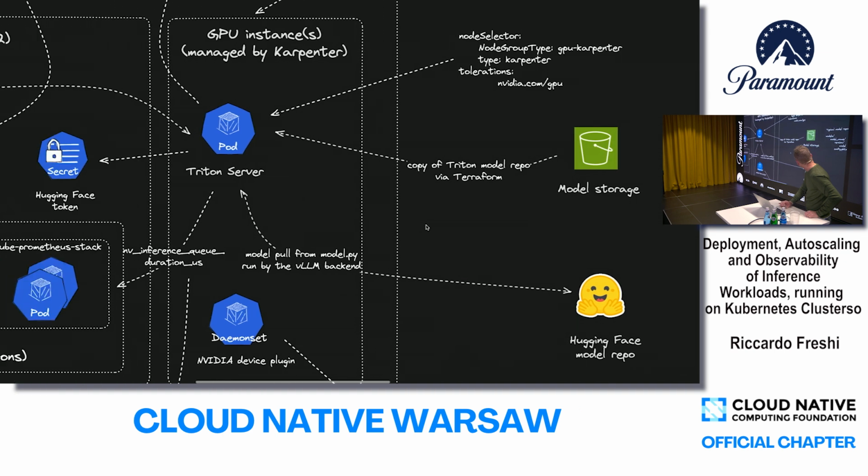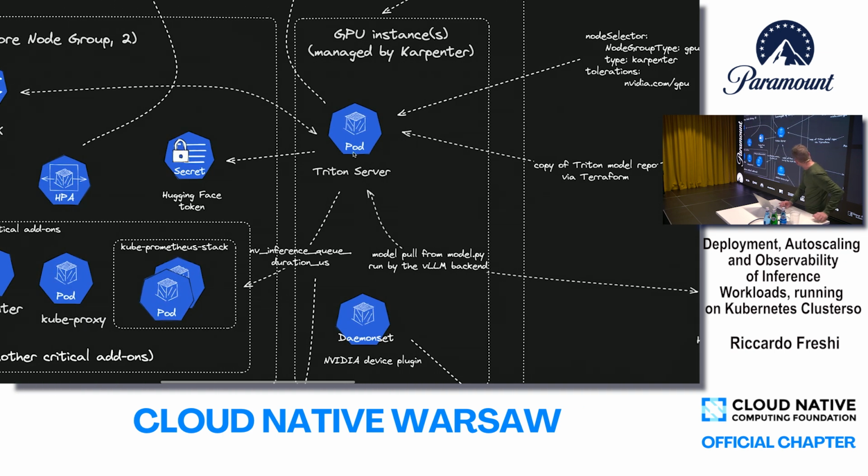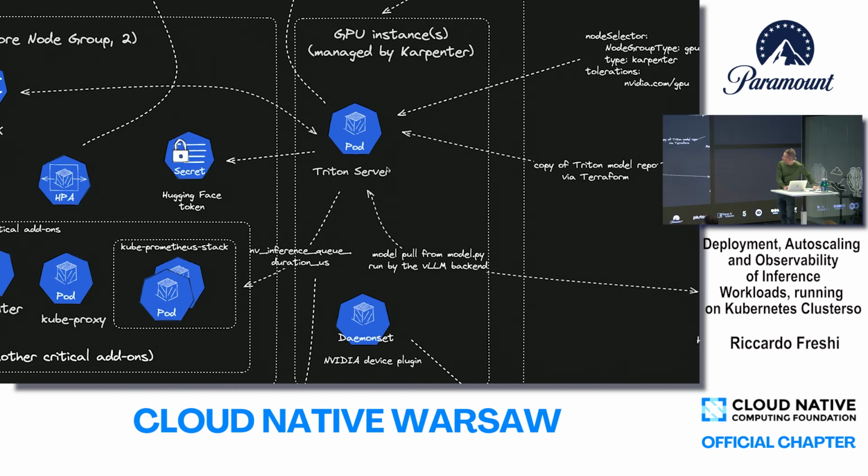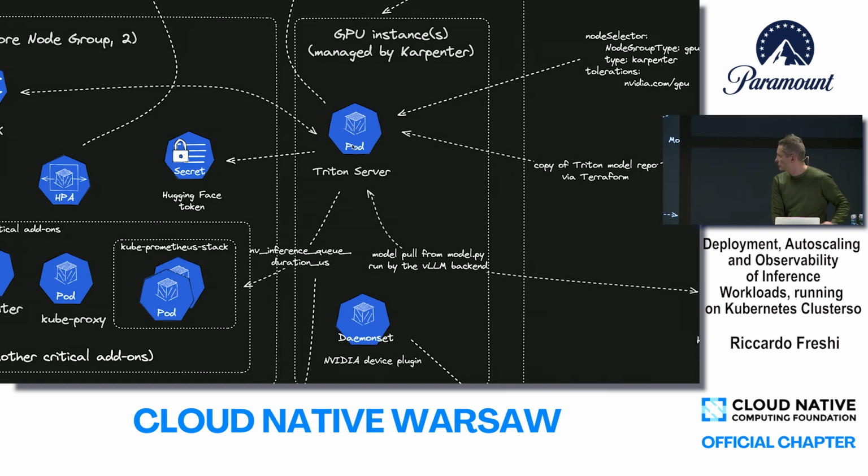So this is the Triton pod, which, like I said, is pulling the model from Hugging Face. And in order to actually be able to pull the model, the key is hosted in a secret object, which is then accessed and used to reach the repository of the model itself.